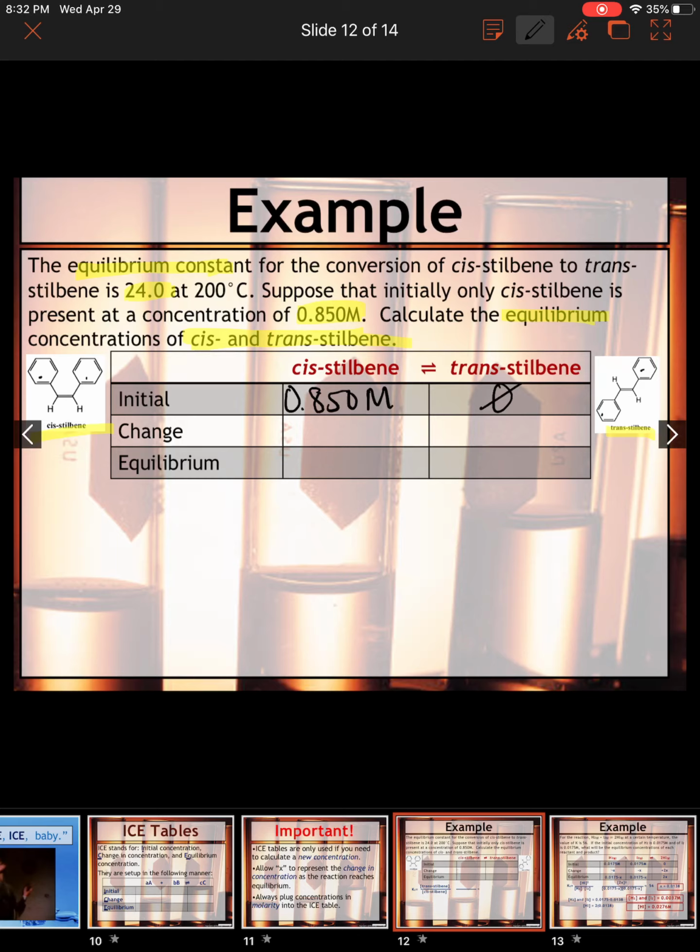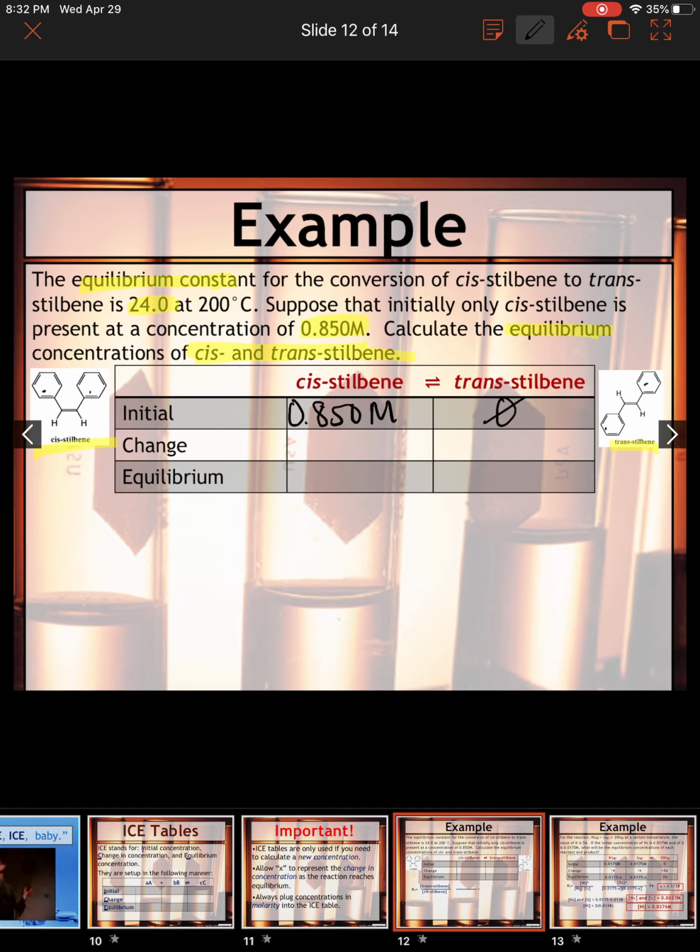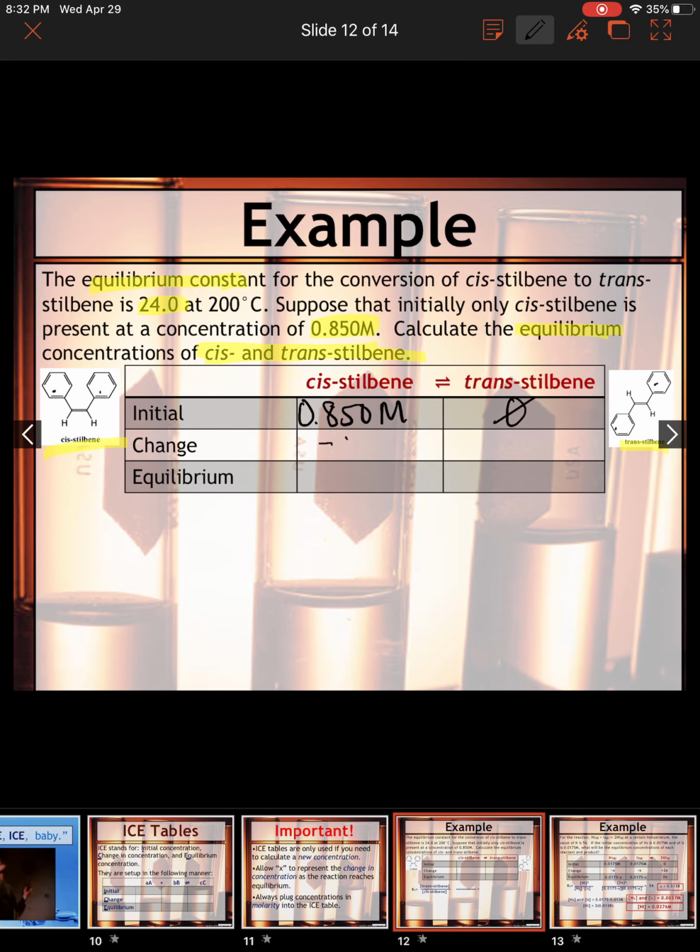Okay, our change, I don't know how much my concentration is going to be changing, so I am just going to represent it with the variable x. So my change of my reactant concentration, I know that some of this is going to decrease as it is converted to a product.